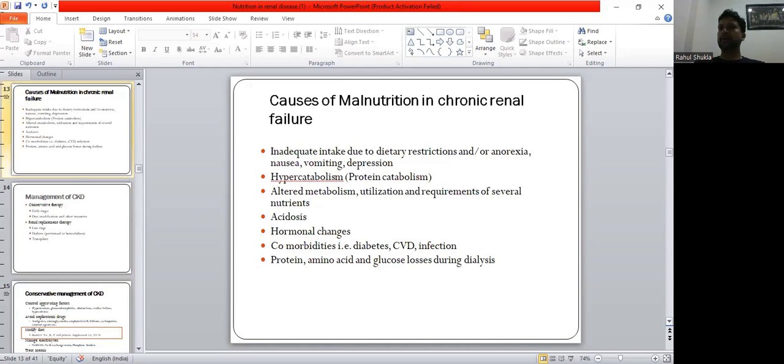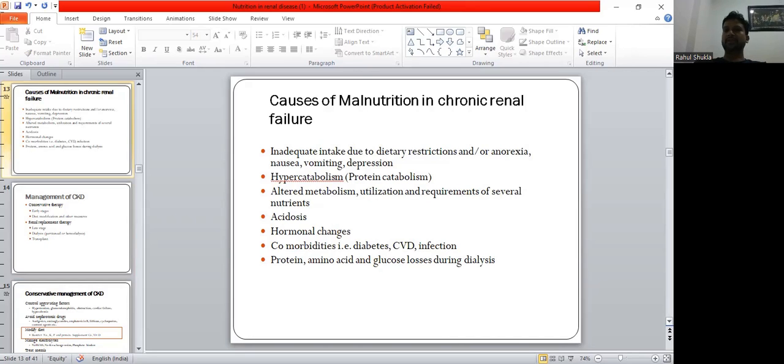So, what are the causes of malnutrition in CKD? Because of inadequate intake and some dietary restriction, because it has been found that protein restriction is useful in early stages of management of CKD, and because of anorexia, nausea, and vomiting, the patient's oral intake is disturbed.